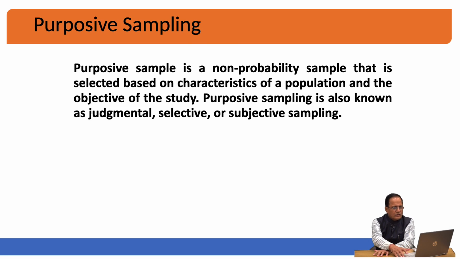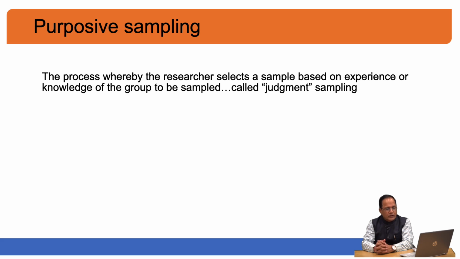So, let us start first with purposive sampling. What is purposive sampling? Purposive sampling is a type or classification of non-probability sampling, where the sample is selected on the basis of the objective of the study, for fulfilling the purpose of the study, and in this type the sampling may be judgmental, selective and subjective.